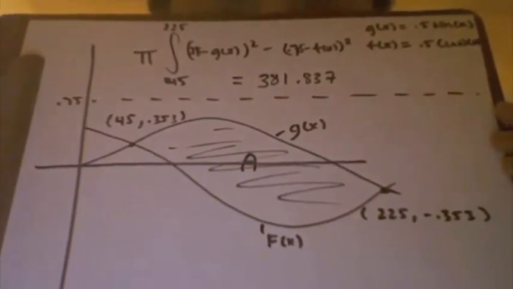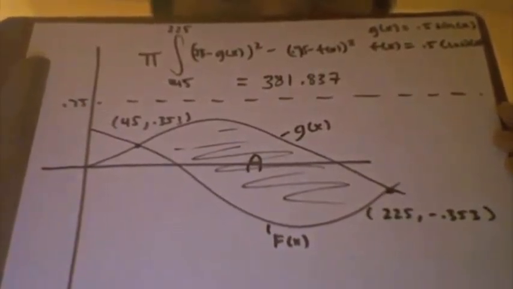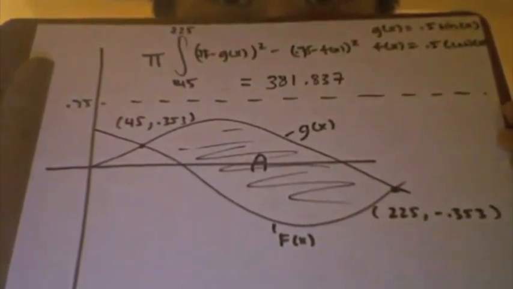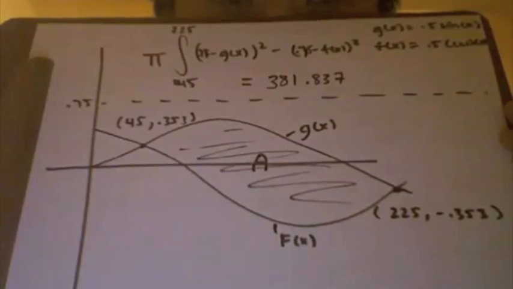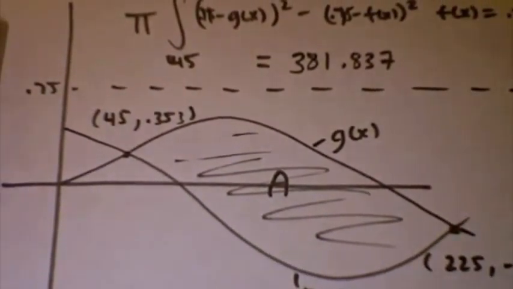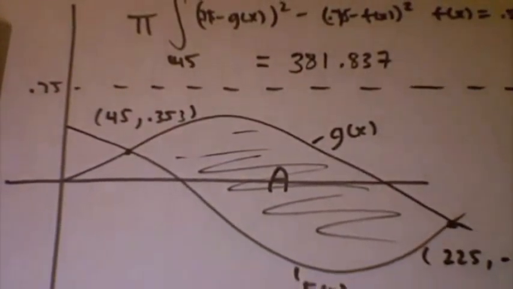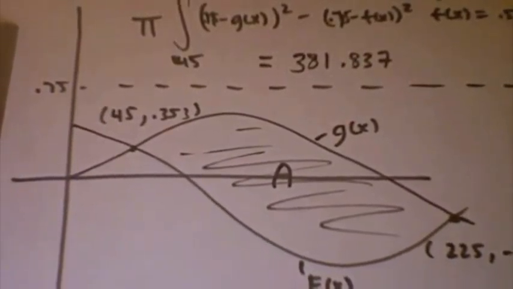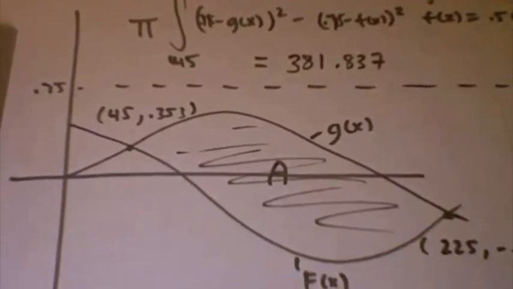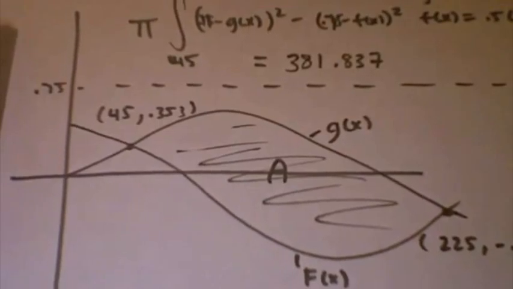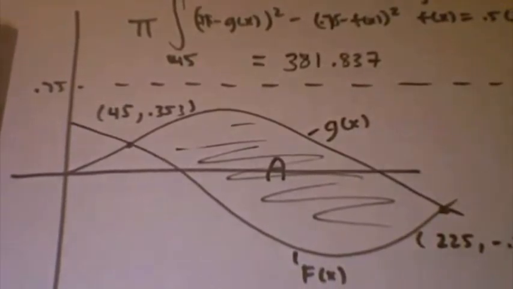Your work should look something like this. As you can see, a and b, or their intervals, are 45 and 255. And the equation is pi times the integral between 45 and 255 of (0.75 minus g of x) squared minus (0.75 minus f of x) squared.